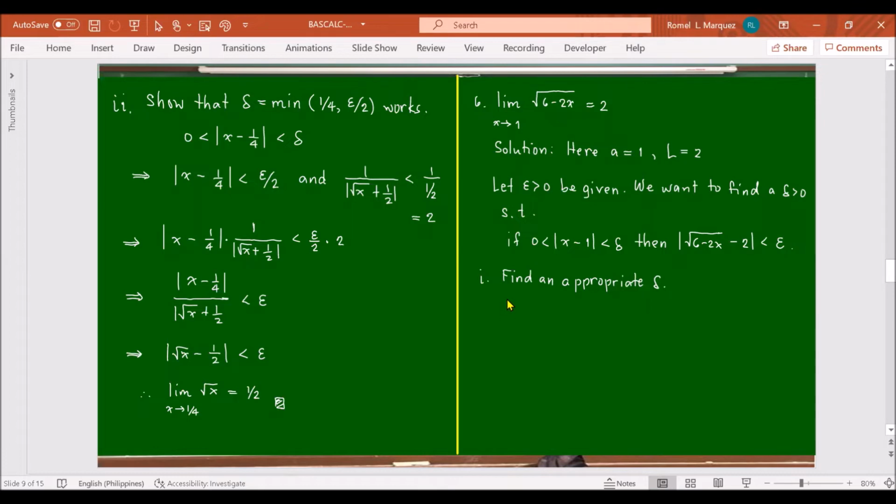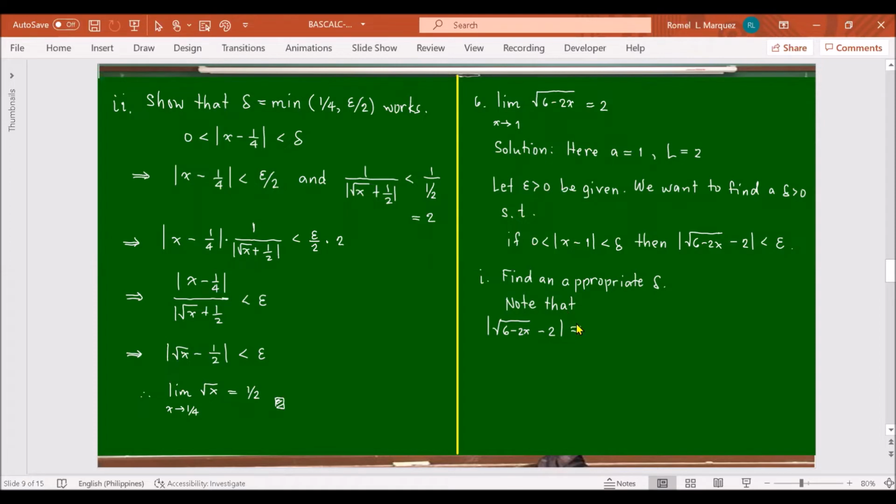And again, the technique is to what? To consider this conclusion. Note that the absolute value of square root of 6 minus 2x minus 2, take the absolute value of this difference.